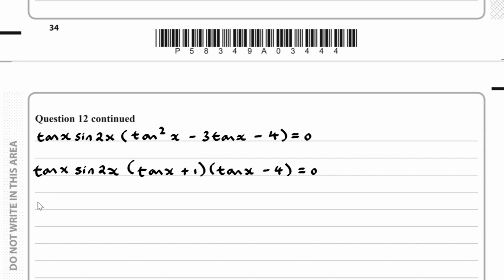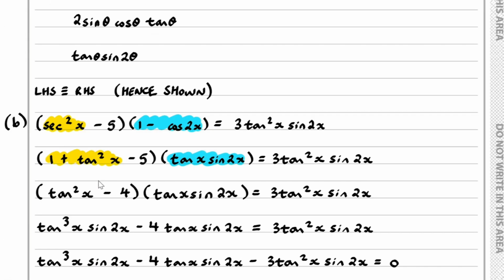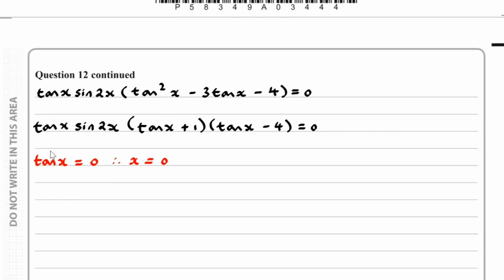So if I have tan x equaling 0, that would imply x is equal to 0, and we're solving in between minus pi over 2 and pi over 2, so I can't find any solutions from that. For the next one, I've got sin 2x equaling 0, so only solution I get over here is x equals 0.